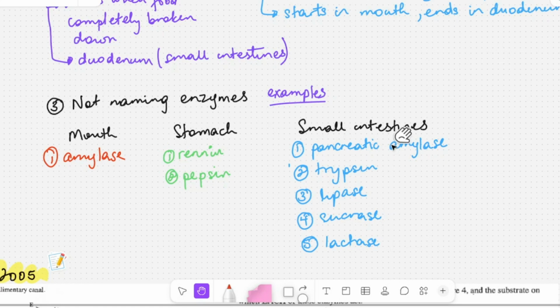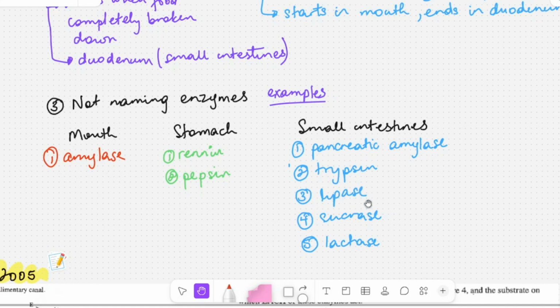Then, when you get to the small intestines, there's a very long list of enzymes that you can name, but you could just name a few. So, trypsin is easy to remember, lipase is easy to remember, sucrase, lactase, and there are many, many more. The easiest types of enzymes to remember are the ones that end with ASE.